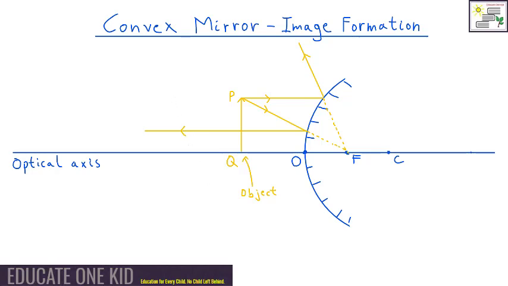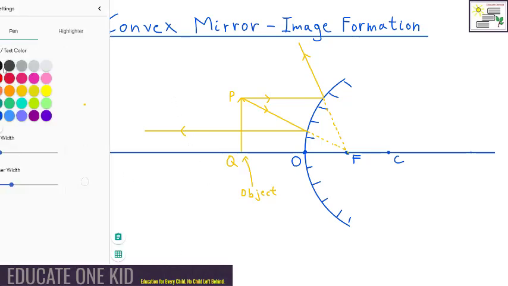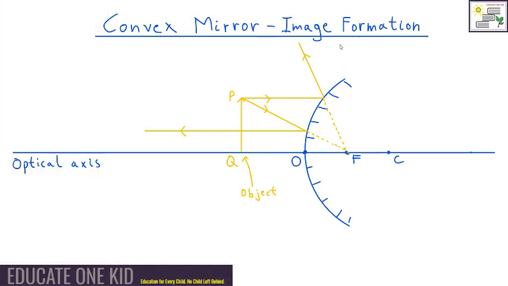Now remember, whenever we are talking about image formation by any type of mirror or lens, we always have to remember that there is an observer. So there will be somebody looking at these light rays.